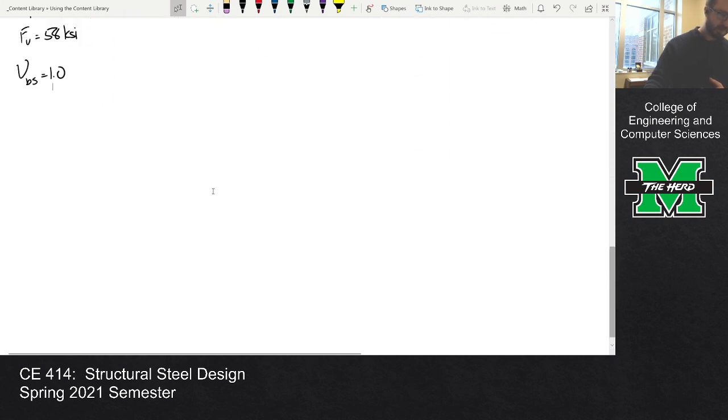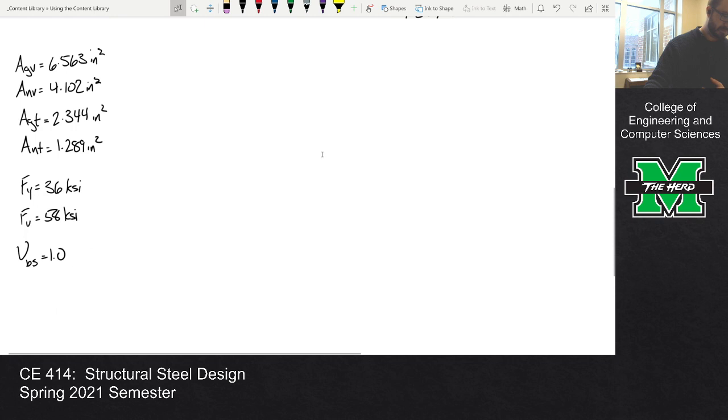Sorry. Hold on. Okay, so here's our expression for block shear. And again, the expression looks nasty, but if you have all the inputs, it's very plug and chug.